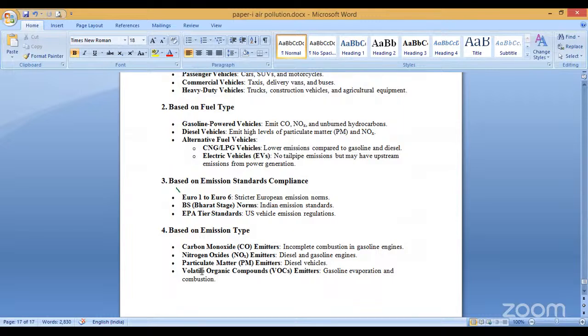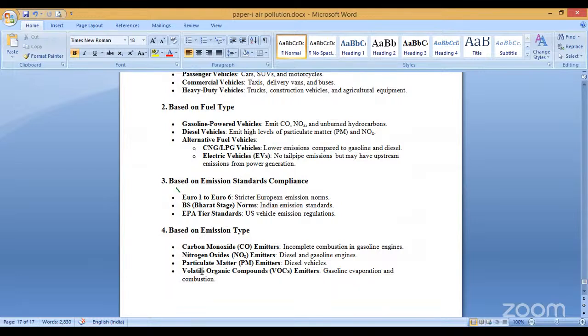Based on emission type, carbon monoxide emitters: incomplete combustion, which we already discussed in the previous unit, just 10 minutes before. Incomplete reactions will be there, and not only carbon monoxide emitters, but also nitrogen oxide emitters and particulate matter emitters, in both diesel and gasoline engines.